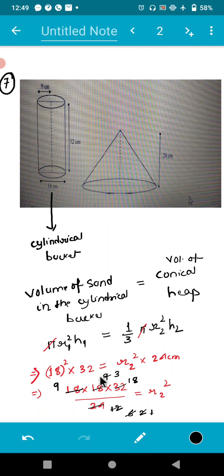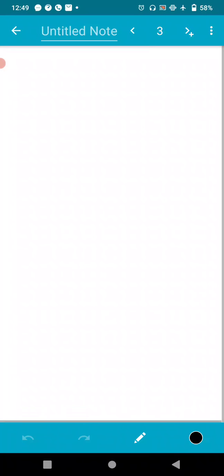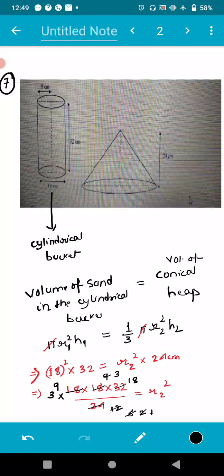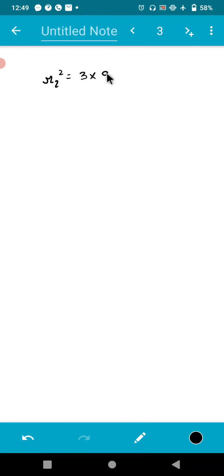Just let me check. 18 into 18 into 32, and 1 by 3 was also there, so I did not transpose the value of 3 out here. This 3 will come to this side as well. So now it will look like r2 square is equal to 3 into 9 into 3, into 18.